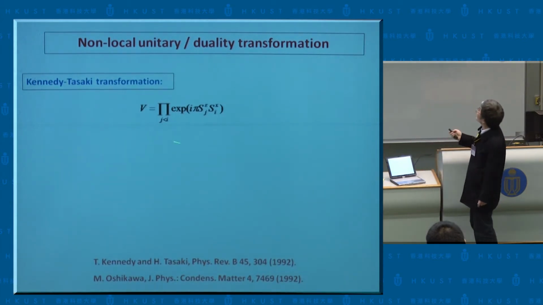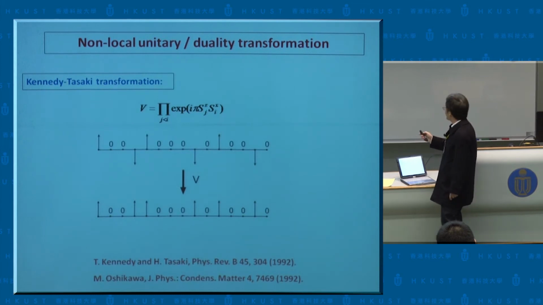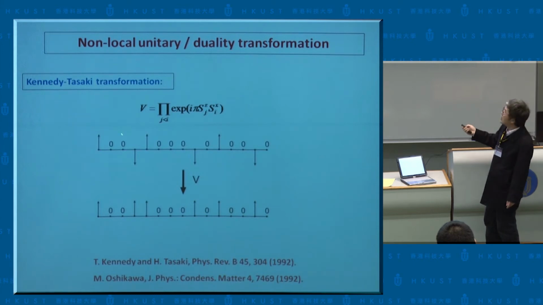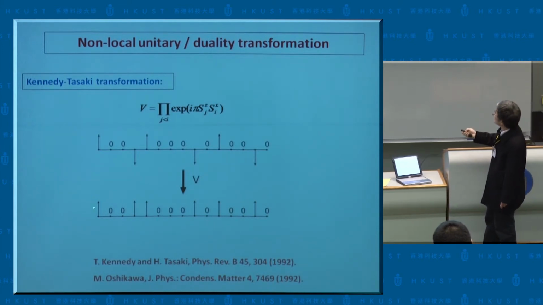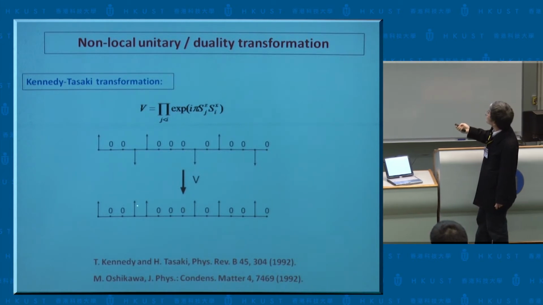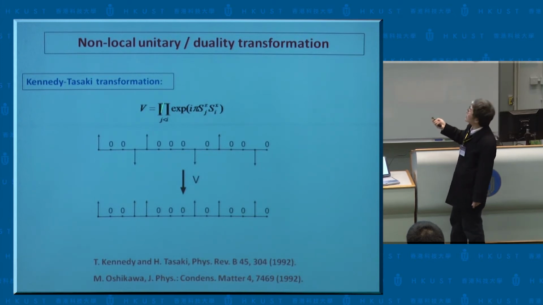people also found a non-local unitary transformation. When one applies this transformation to the spin configuration, according to the spin orientation of the edge spins, this transformation flips the up spin to the down spin and the down spin to the up spin, and the resulting state is a diluted ferromagnetic state.